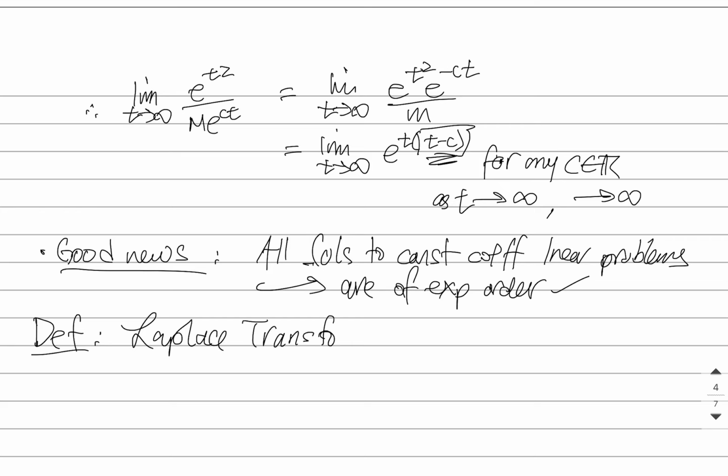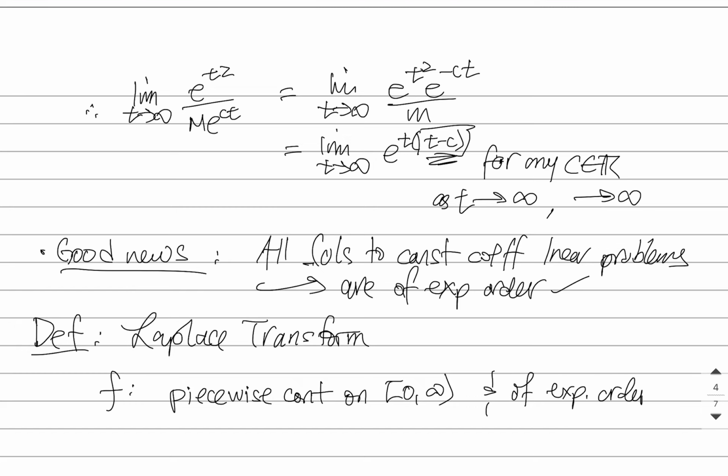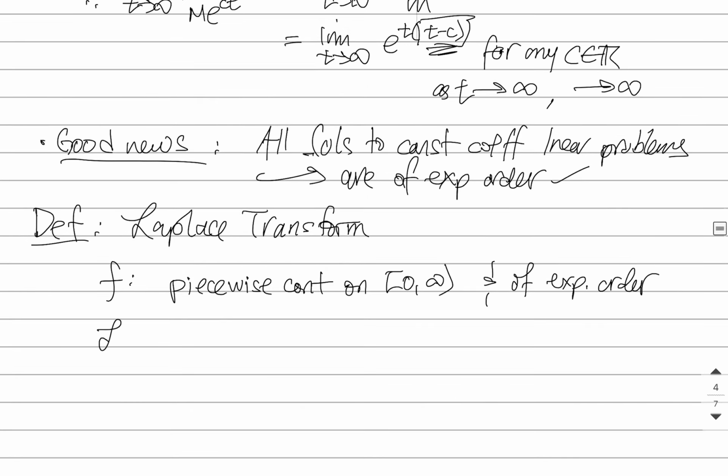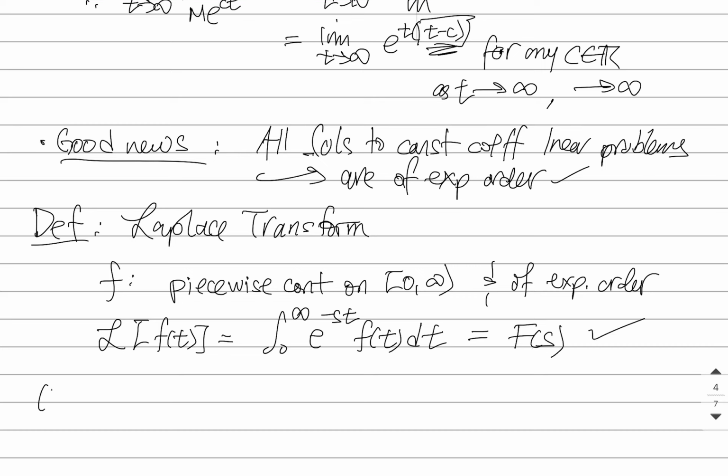If the function f is piecewise continuous, so the kind of function I drew above, on 0 to infinity and of exponential order, the Laplace transform of our function will be defined by this integral, and we're going to call it this thing capital F of s.